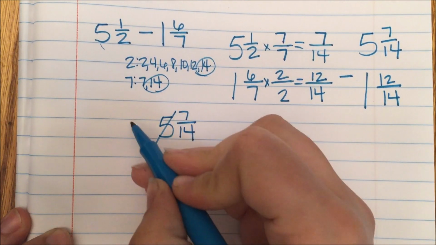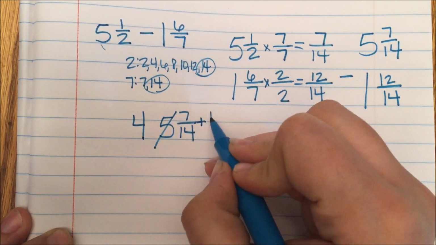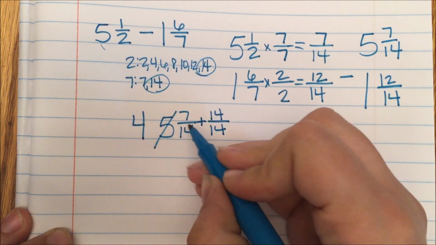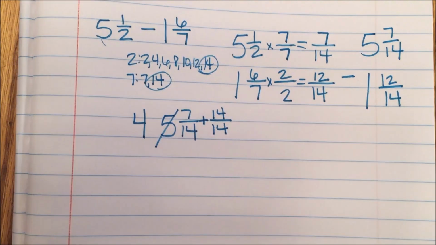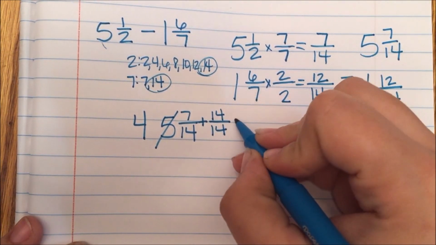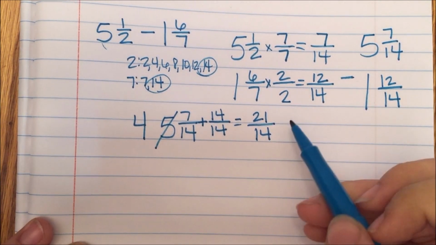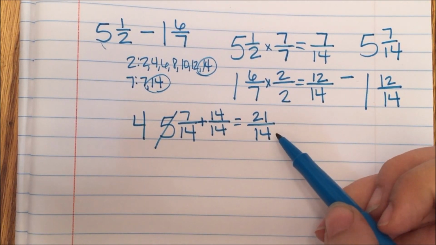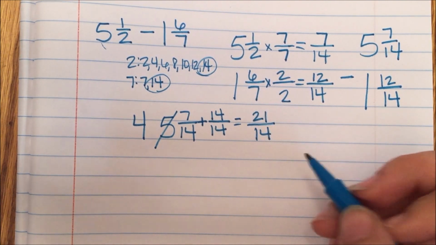We're going to cross the 5 out, change it to a 4, and we're going to rewrite that whole number as 14/14. We're using that same denominator that we have so that we can easily add that whole number. Okay, 7 plus 14 is 21, so we've got 21/14. I know that's kind of weird because now we've got an improper fraction, but that's because we want to subtract from that. Now that number is large enough for us to subtract from.